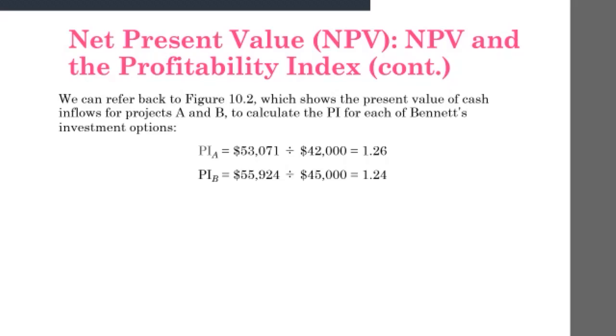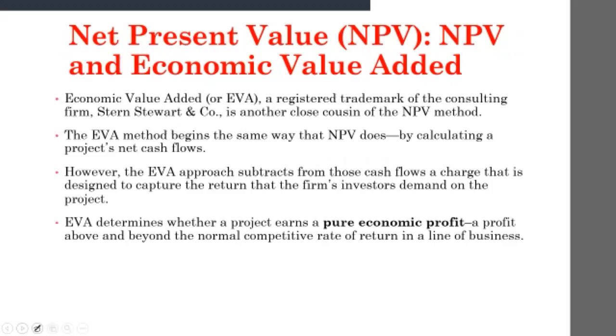If you go back to the timeline, you'd see the figures there. We divide by the initial cost, and the PI is 1.26. So again, project A will be accepted using the profitability index.